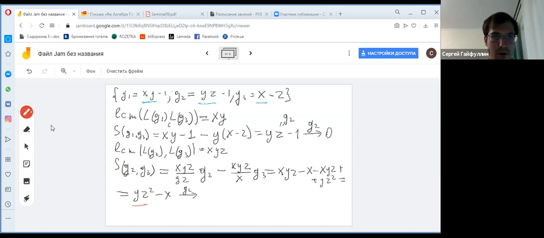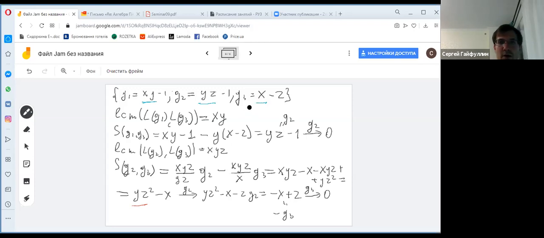So I would consider yz squared minus x minus z multiplied by G2, which is equal to yz squared is common, and it is with 0 coefficient. So minus x plus z. And now I want to reduce this one, but this is just minus G3. So of course it can be reduced by G3 to 0.